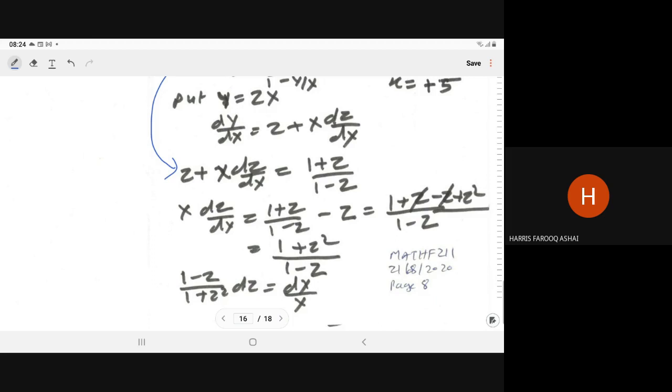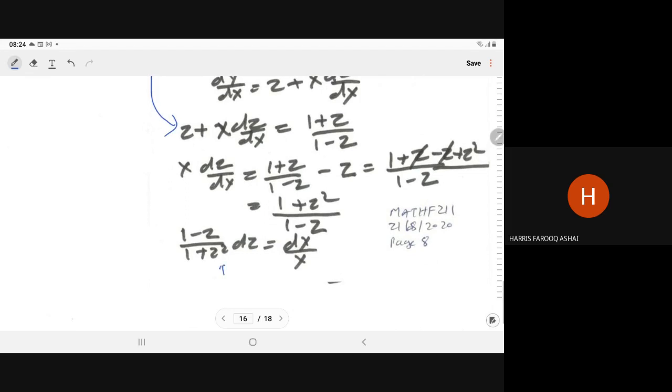Just try to separate the variables. Here you can see on this side we have the explicit expression of z, and on this side the explicit expression of X. So on the left hand side we have 1 minus z upon 1 plus z square dz is equal to dX upon X.